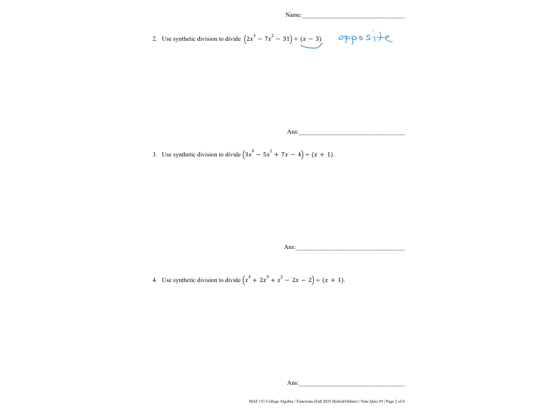So we're going to take a positive 3 and write it in front of a partial rectangle. We now take the coefficients from the polynomial that we are dividing into. So we've got a leading coefficient of 2, followed by a -7. We have to use a 0 for any missing terms, and a -31.